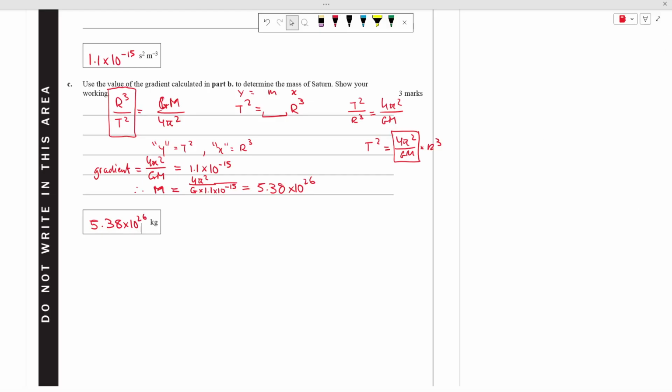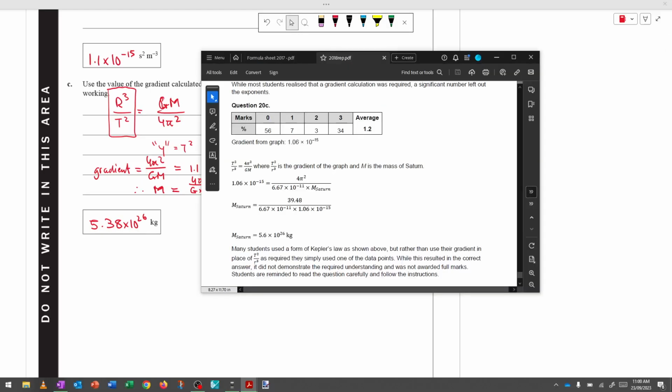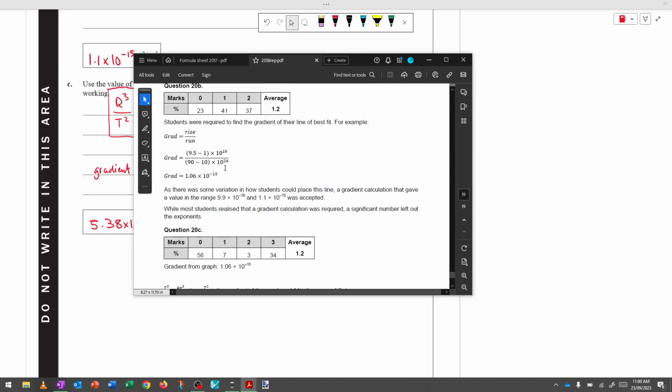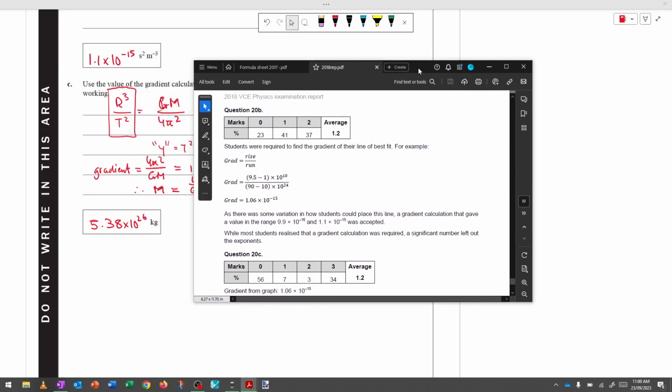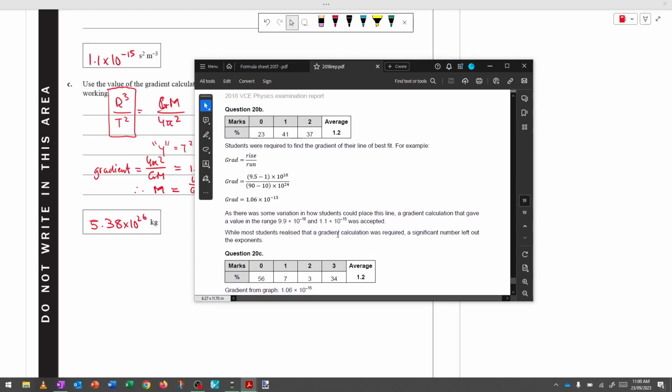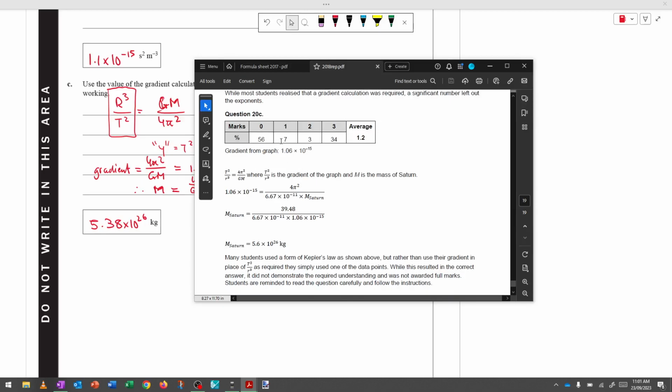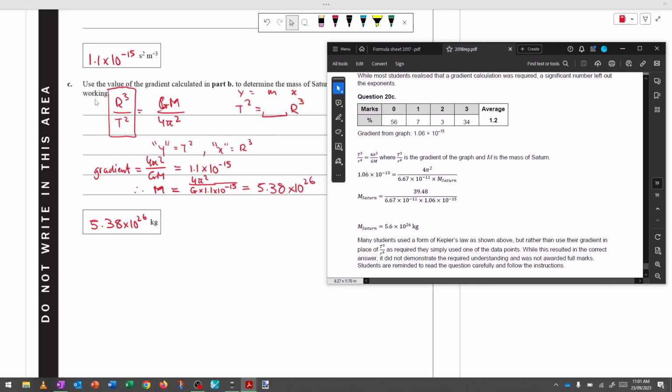Are we correct? Let's have a look at the report. Here we go. So, let's double check our gradient thing. Yep, so the gradient was fine. Everyone's going to have slightly different lines of best fit. So we are just inside the range, 1.1 times 10 to the negative 15, so that's fine. Now part C, there we go. So they've used that formula.